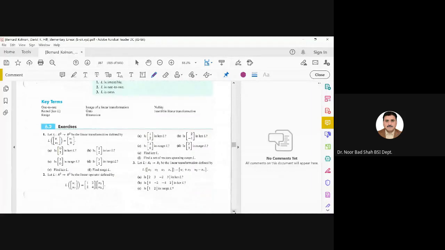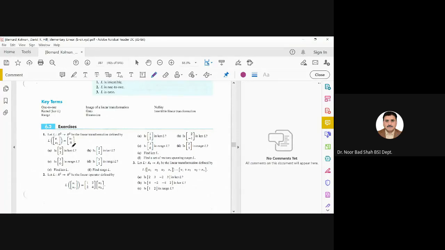So can you do these questions? Question number 1. You see L is given from R2 to R2 by a linear transformation defined by this one. Is (0, 2) in the kernel of L? You would check whether it is giving 0 or not. If you find L of (0, 2), the first one is coming u1 and the second one becoming 0.